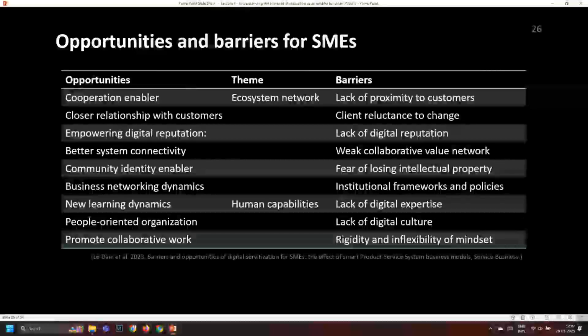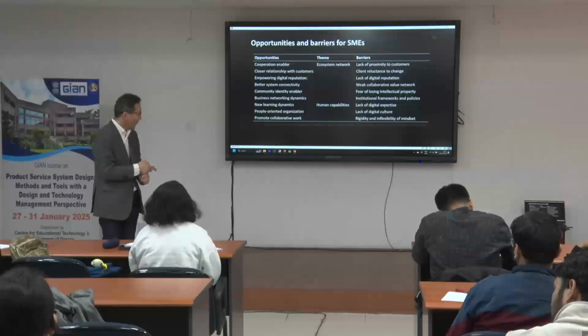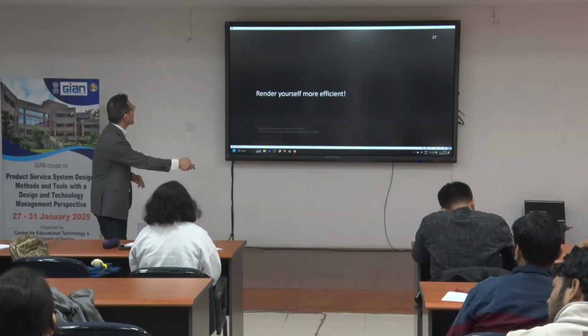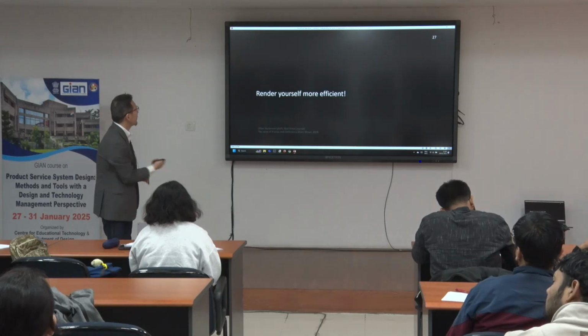The last slide. The theme could be the ecosystem, the whole ecosystem, and also the capabilities of the people involved. I think this is the last slide.